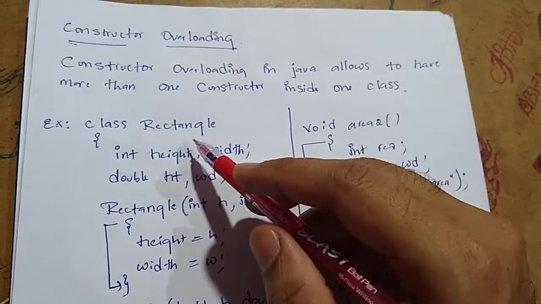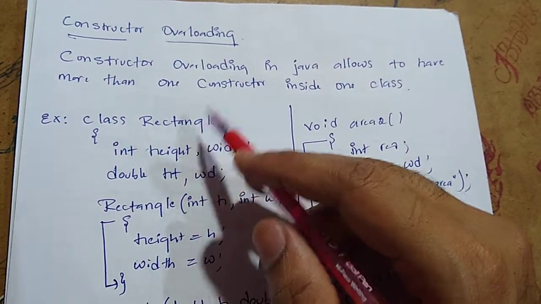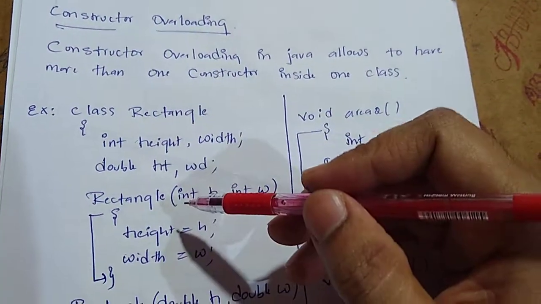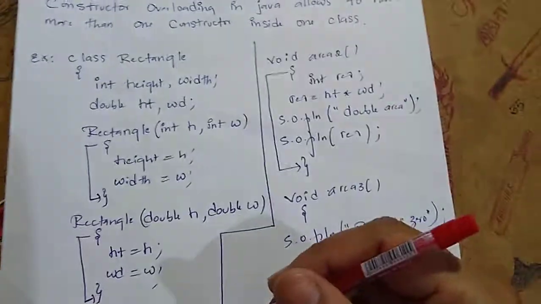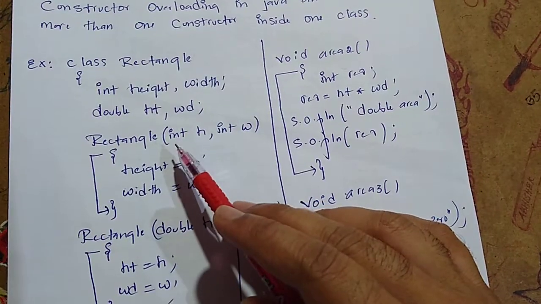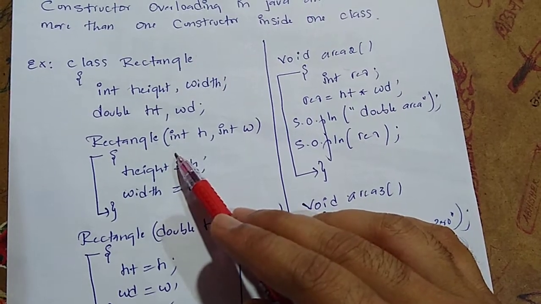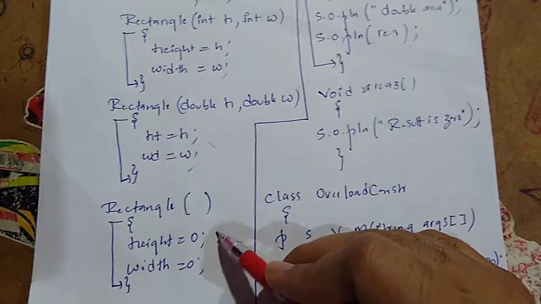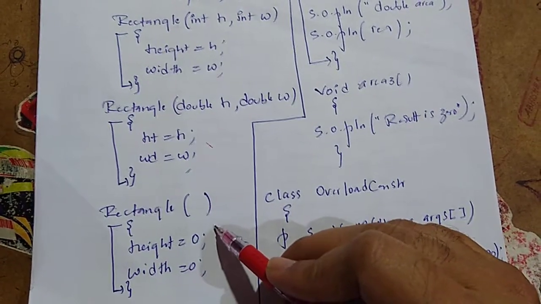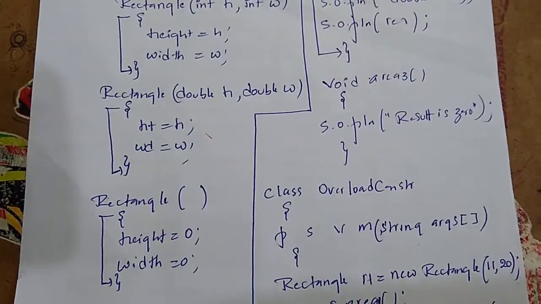Because of constructor overloading, we can have more than one constructor within a single class. Here I have two parameterized constructors and one plain constructor, which sometimes we call a default constructor, but actually that is not the proper way.